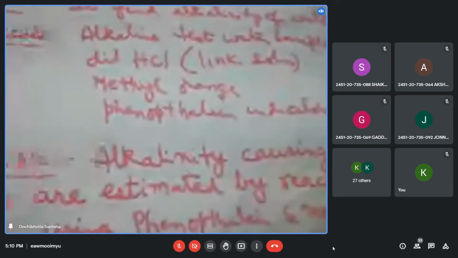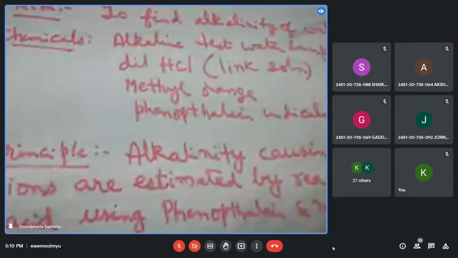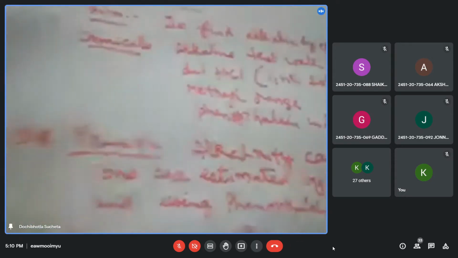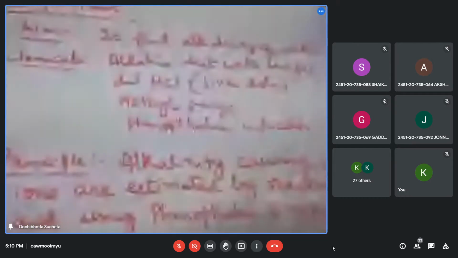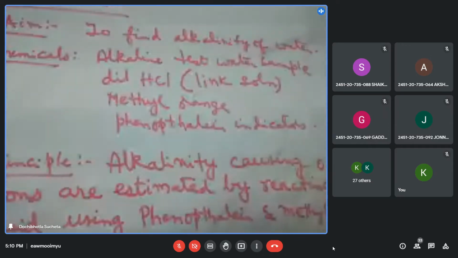No. So the possibility of finding the 3 anions together is not there. So the 5 combinations are only carbonate, only bicarbonate, only hydroxide, or the combinations of OH minus and carbonate, and carbonate and bicarbonate. Now, how to detect the combination?